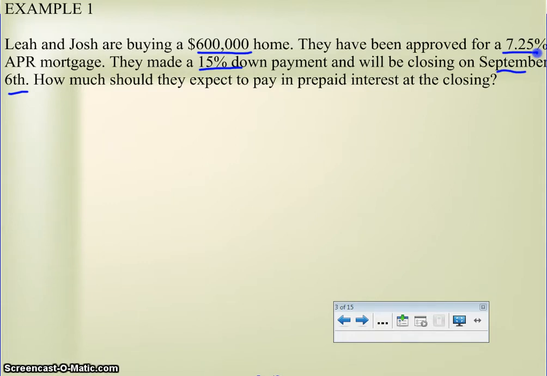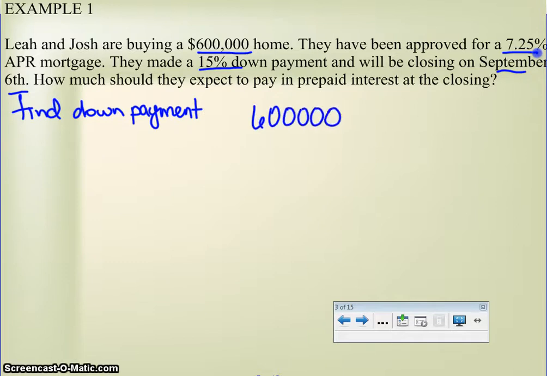So the first thing that we have to do is find the down payment, and then we're going to subtract that from the purchase of the home, because the interest is only on the amount of the loan, not on the purchase of the home. So looking at this, finding the down payment, we've got $600,000, and we're going to multiply that by 0.15.